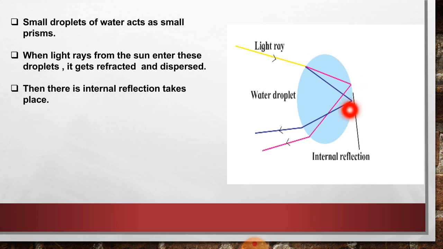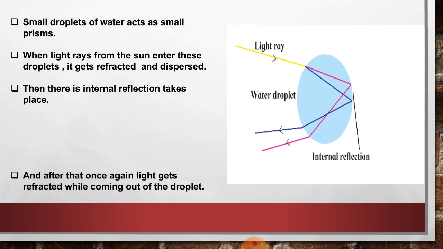But then internal reflection takes place. What is that? Reflection means a ray which bounces back within the same medium. Here these two rays bounce back within the same medium. You can see the ray coming over here and it bounces back within the same medium. So internal reflection takes place.